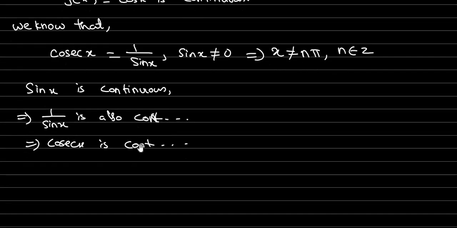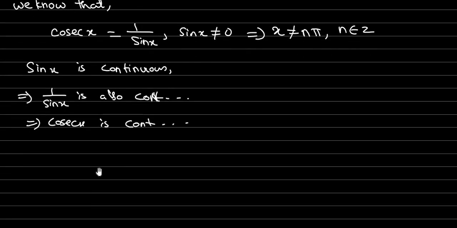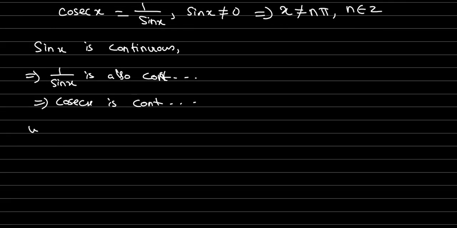Secant is the reciprocal of the cos function, right? So we know that secant x we can write as 1 by cos x. Now remember, in the denominator we have cos x, and cos x can never equal 0. So what is x here?